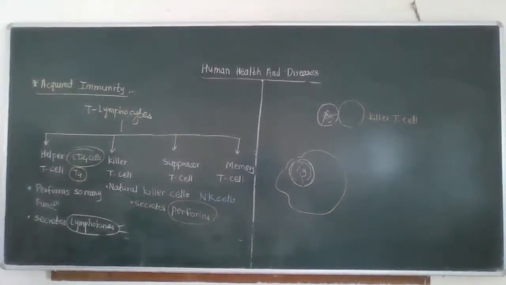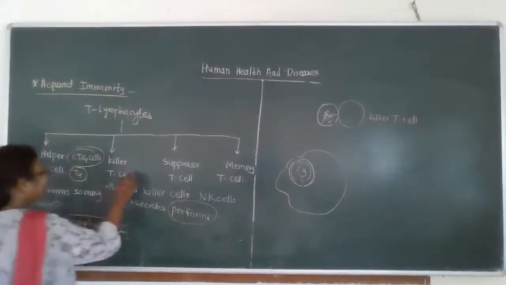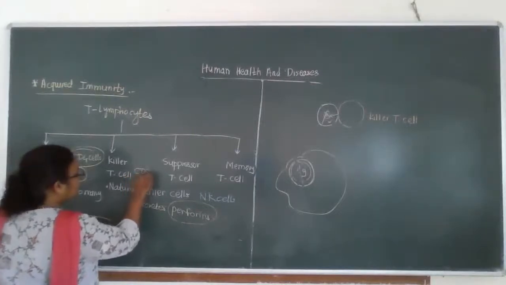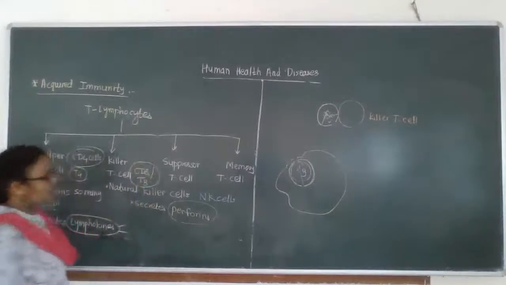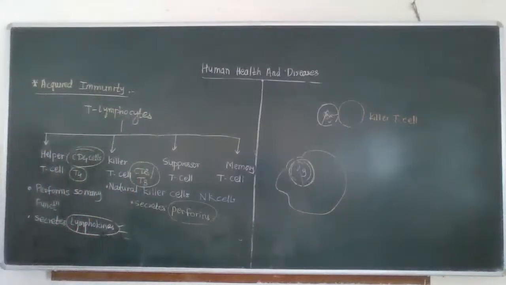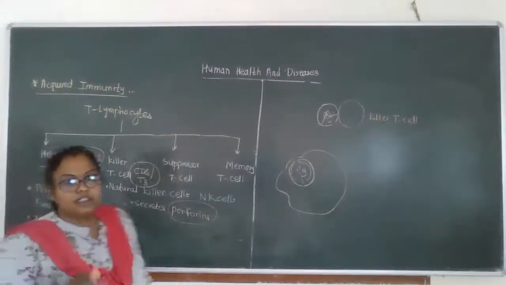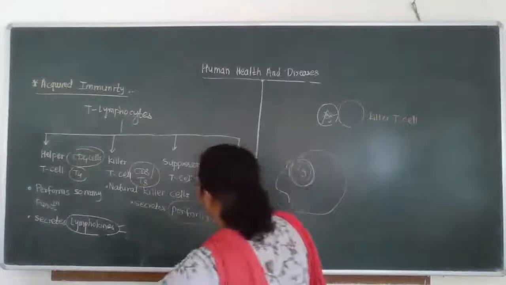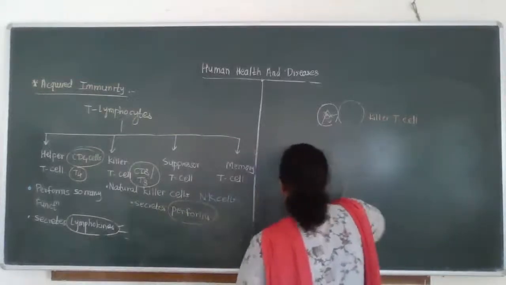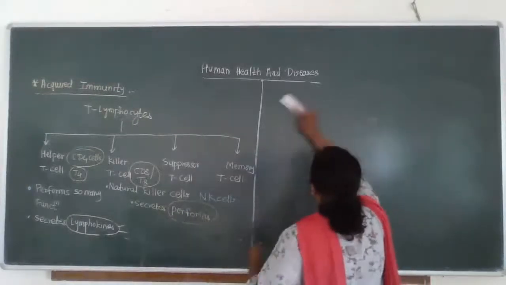Then the next one, the killer T cell, is called a CD8 cell, or T8 cell. Clear, everyone? The suppressor and memory cells don't have another name. So helper is a CD4 or T4 cell, while killer is a CD8 or T8 cell. Clear? So this is about lymphocytes. Now we are turning towards the B lymphocyte.